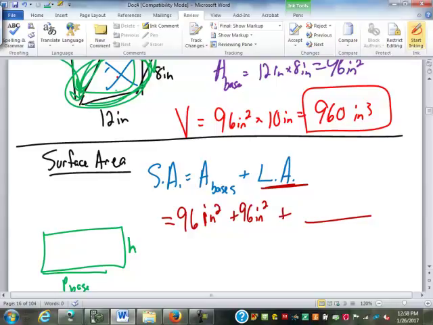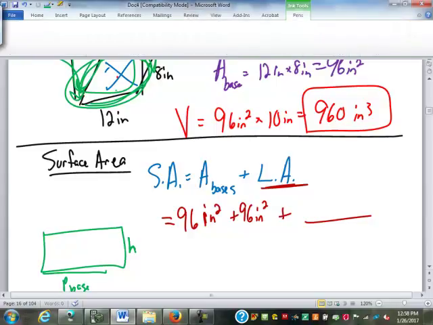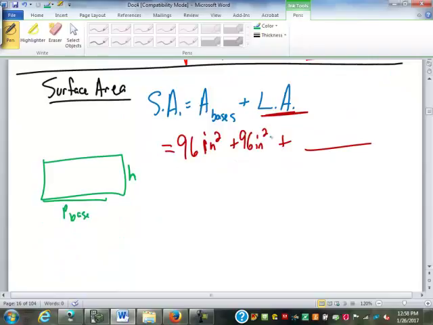So the perimeter of the base here is 12 plus 8 plus 12 plus 8, right? Otherwise known as 40 inches.